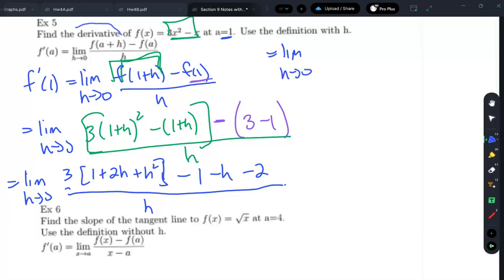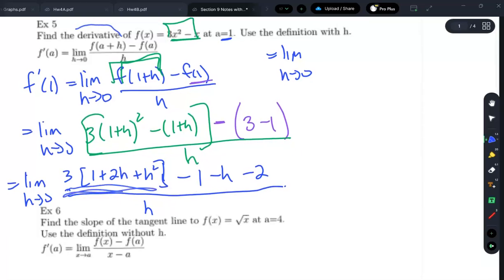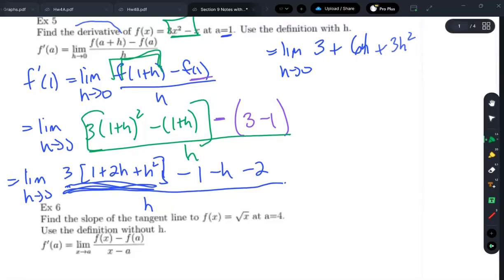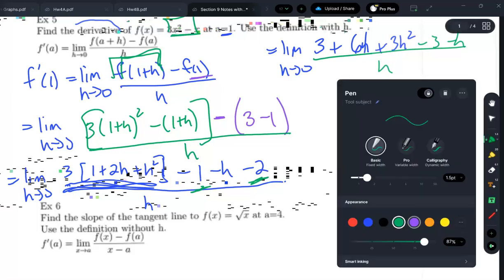And I'm going to take the time to multiply this out and not do it in my head, because that's how mistakes happen, right? So 3 plus 6h plus 3h squared. And then this negative 1 and this negative 2 gives me a negative 3 minus an h, all over h.